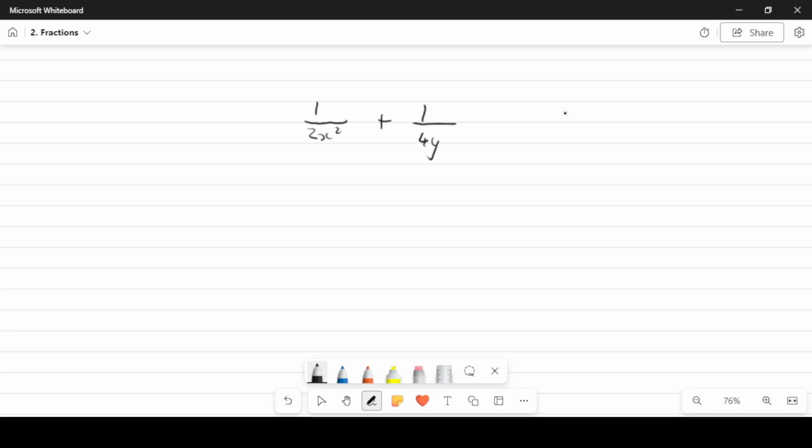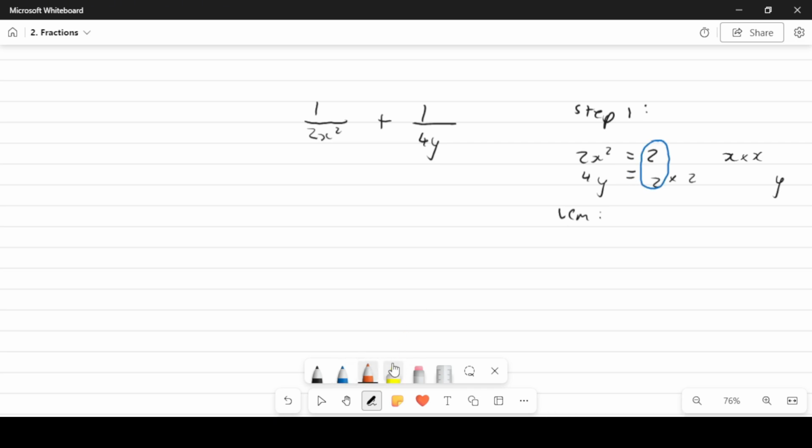Same steps, same idea. Everything's the same. Your step 1, because the denominators are not the same, it'll be 2x squared and 4y. And 2 will break down into 2, 4 will break down into 2 times 2. X squared breaks down into x times x, and y will just remain on its own. Okay, and then to get the LCM for the denominators, or the LCD, we take the shared and multiply it by the unshared.